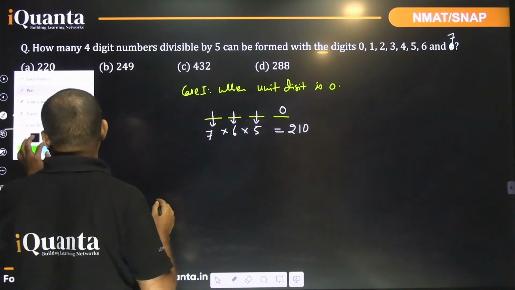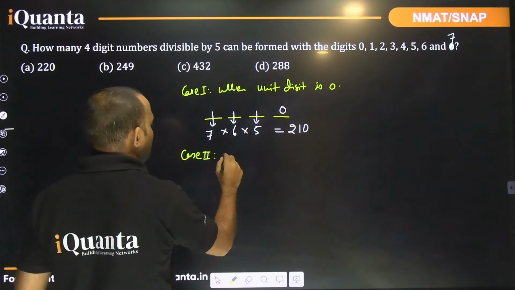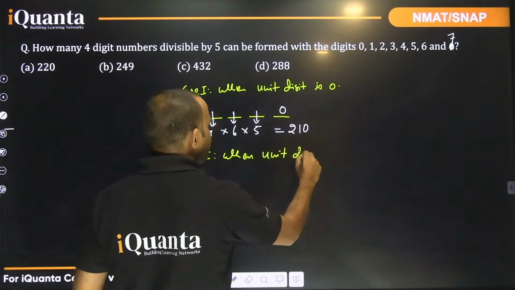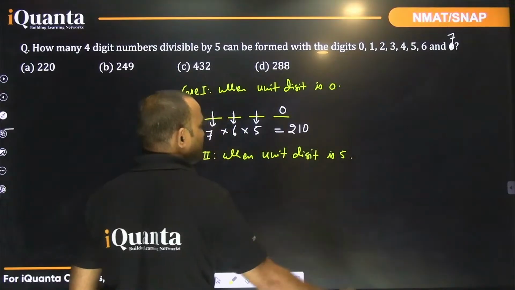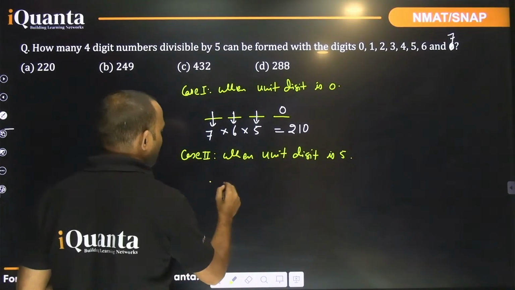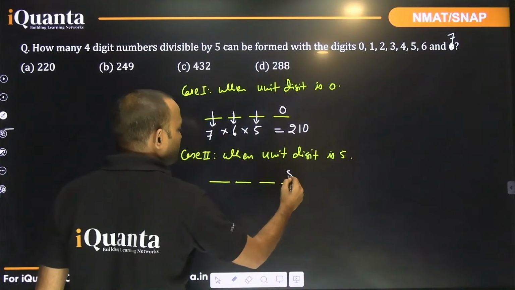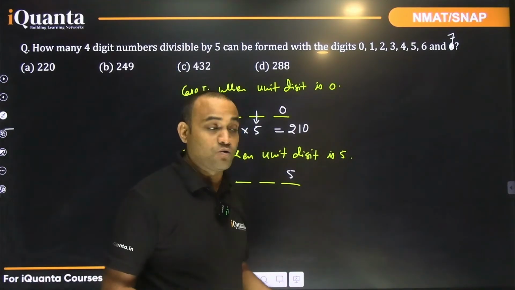And then we will take case 2, when unit digit is 5. When unit digit is 5, what will happen? 4-digit number. Now you should not put 0 here, because then it will not be a 4-digit number.